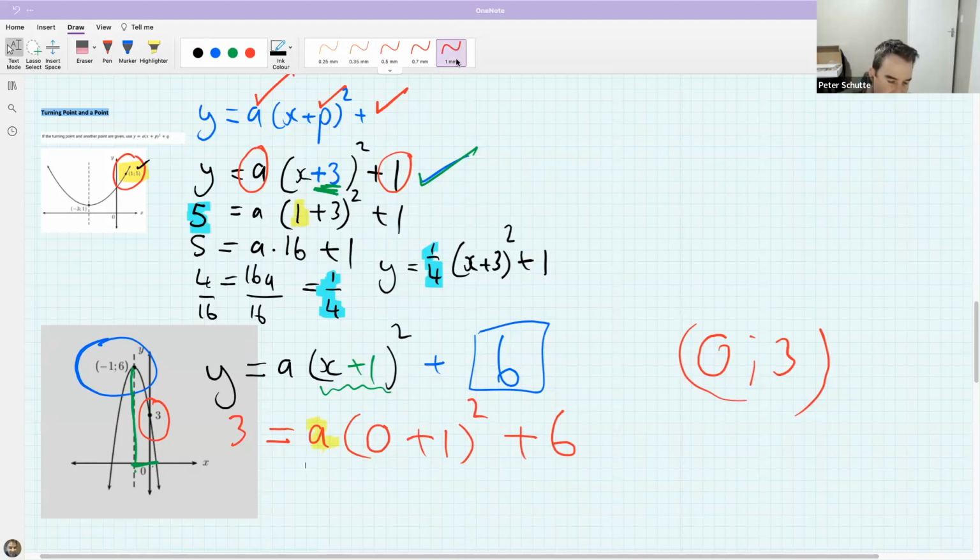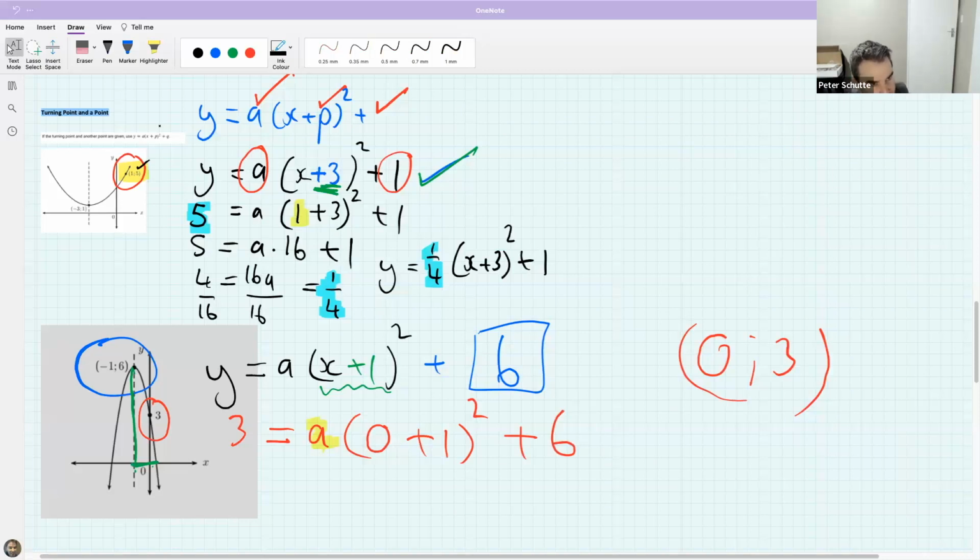Can we unmute Kat? I see Kat has a question. After you found the equation in turning point form, to get it into standard form, we have to expand the bracket. Yes. Now here's the thing.